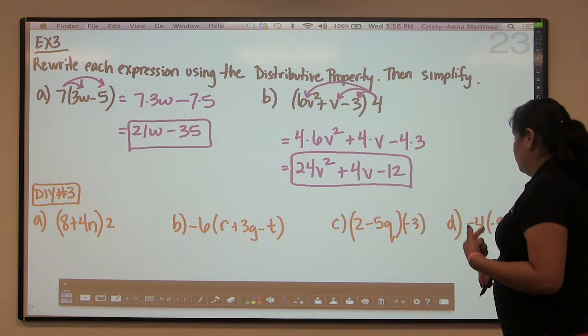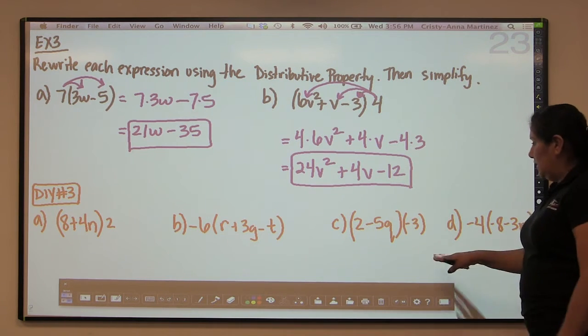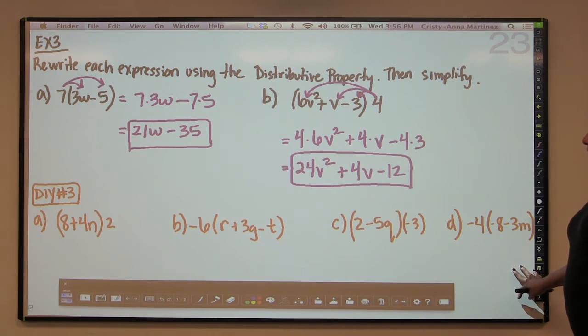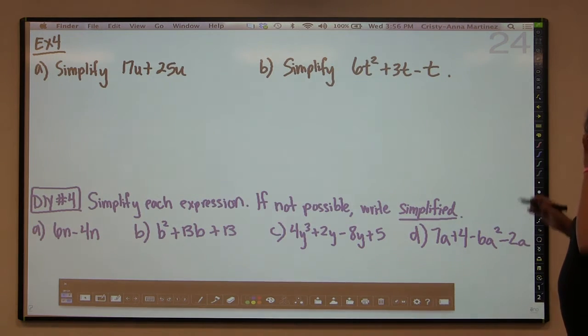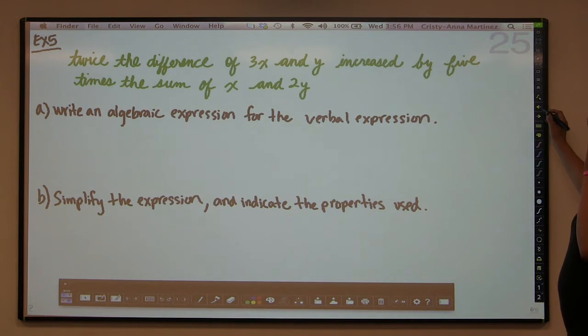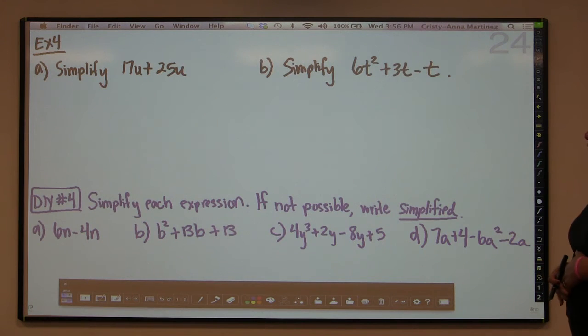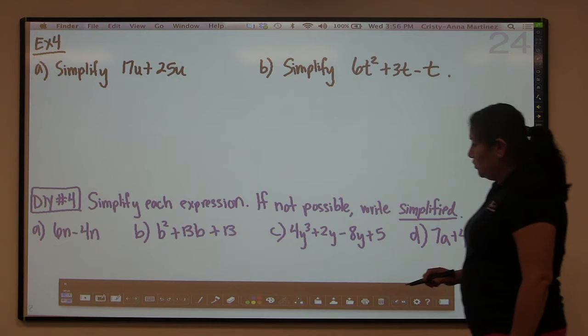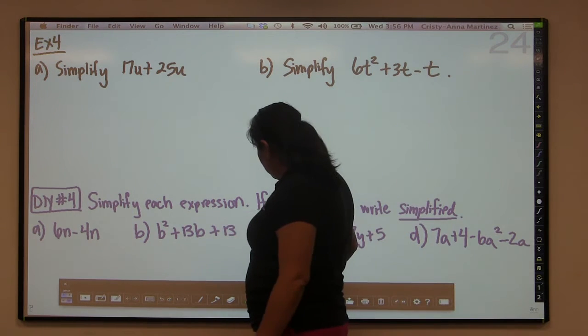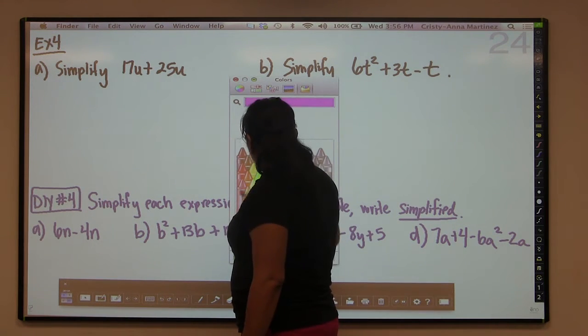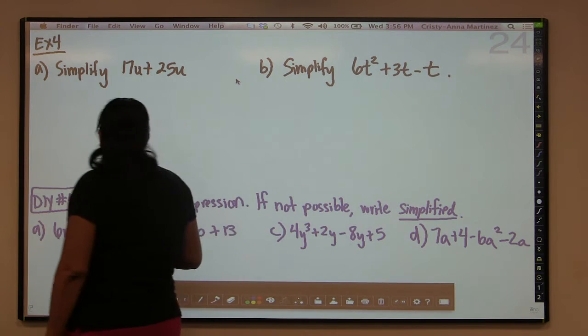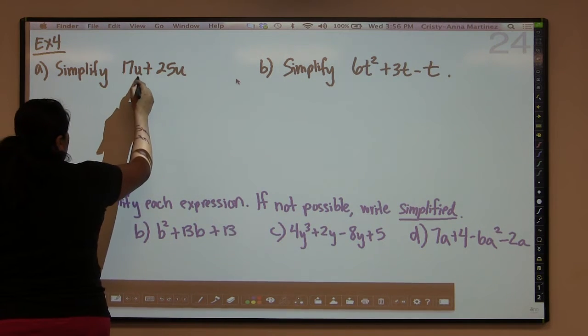So we have 4 examples for you to do here in the do-it-yourself part that you can do in your notes. And then I believe we have 2 more examples here. Okay, so example 4 is a situation where it's not like before where we had no like terms. We actually do have like terms, and I want to show you how we can use the distributive property to simplify these types of problems. So what we see is that these both have u to the 1 power.